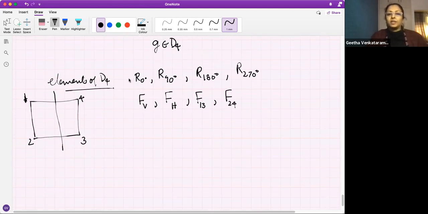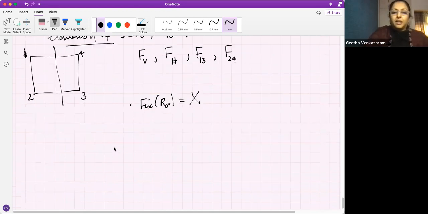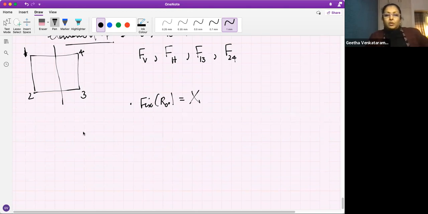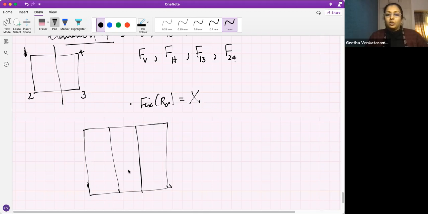For R0, which is nothing but the identity, obviously it fixes everything. So fix of R0, rotation of 0 degree, is clearly the whole of X. Okay, that's the first thing. Now let's see what it is for the 90-degree rotation. Remember, you're looking at D4 acting on these plastic cards which have 2 holes punched.